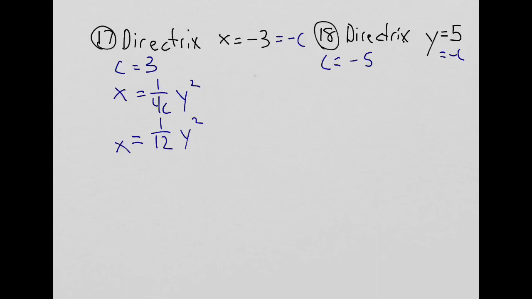With the vertical equation, I'm just going to write it out: y is equal to 1/4c x squared, and plug in the c. So it's going to be -1/4 times 5, which is 20, x squared. Okay, and that's it.